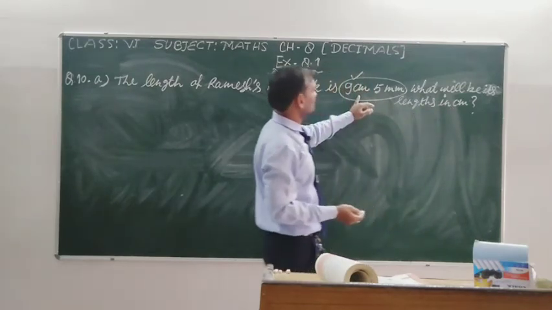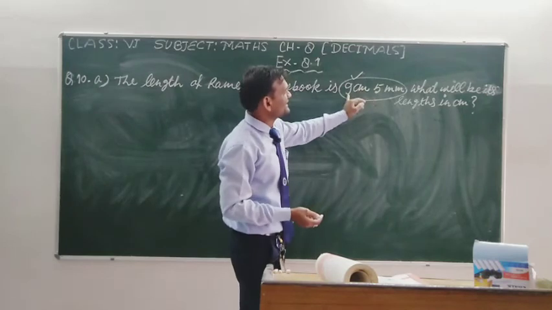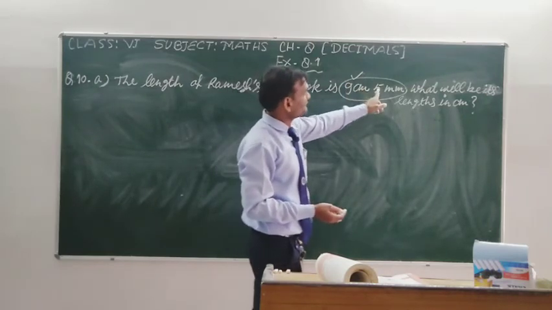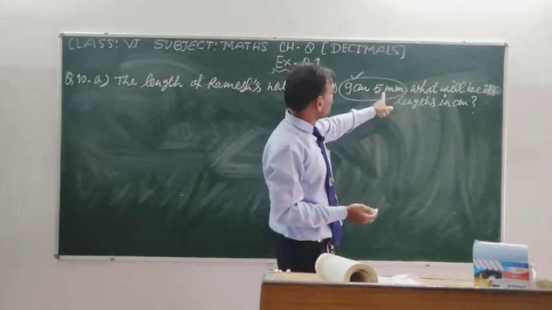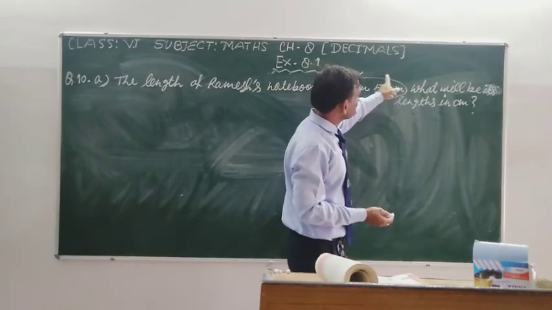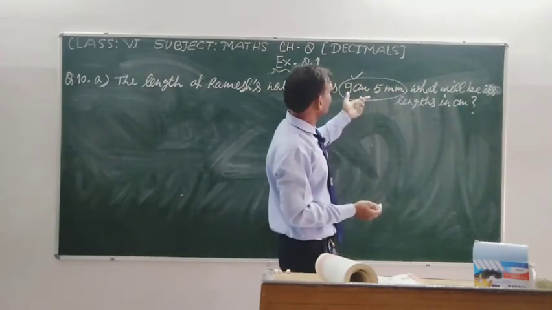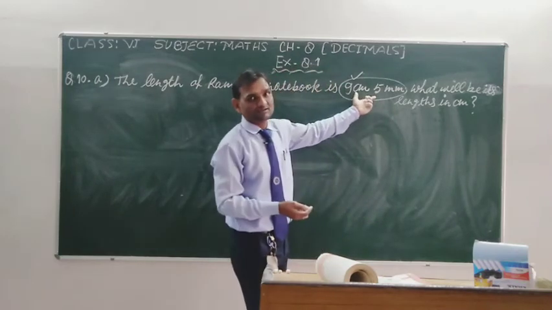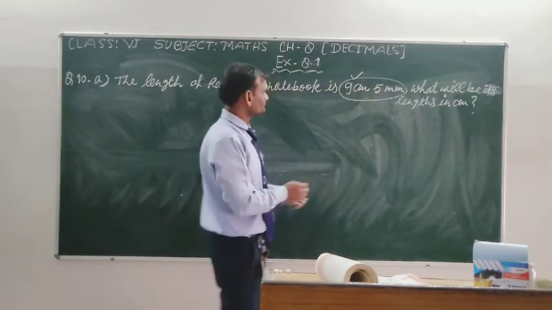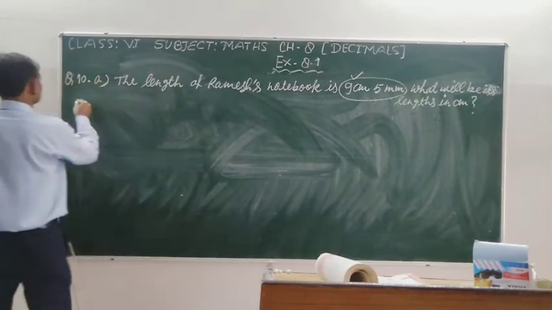In this value you are seeing that 9 is already given in centimeter, but 5 is in millimeter. So you need to change this value into centimeter, and at last you will add both values and you get the answer.